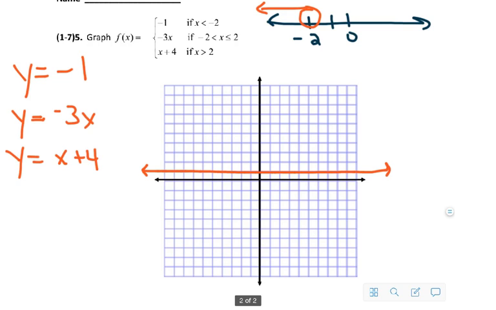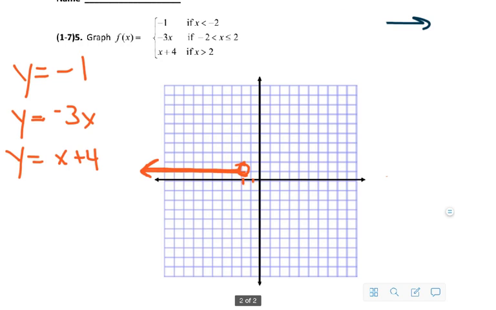I'm going to put an open circle at -2 on that line. Well, where's -2? -2 is right here. And then the arrow from it is going to go off to the left. And that means that everything to the right of it disappears. Well, look, that graph looks just like the one on the number line. Interesting.